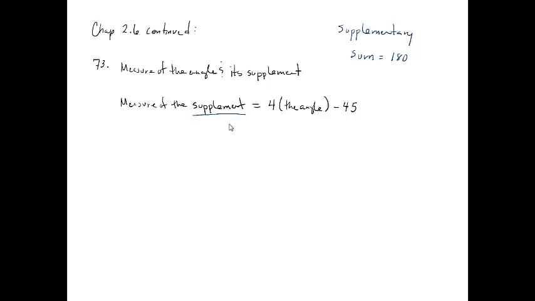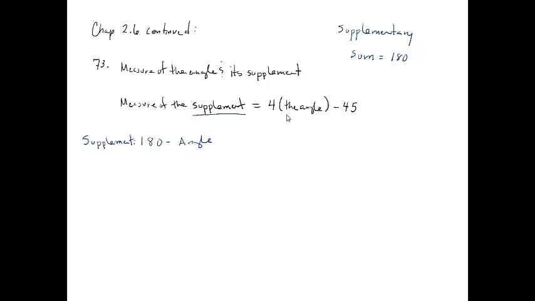So the supplement of an angle is really going to be 180 minus that angle. Think about it. If I know the angle, and I'm looking for the other one, how do I find it? I take 180 minus the angle. So this is the supplement. There you go. Supplement is 180 minus the angle.